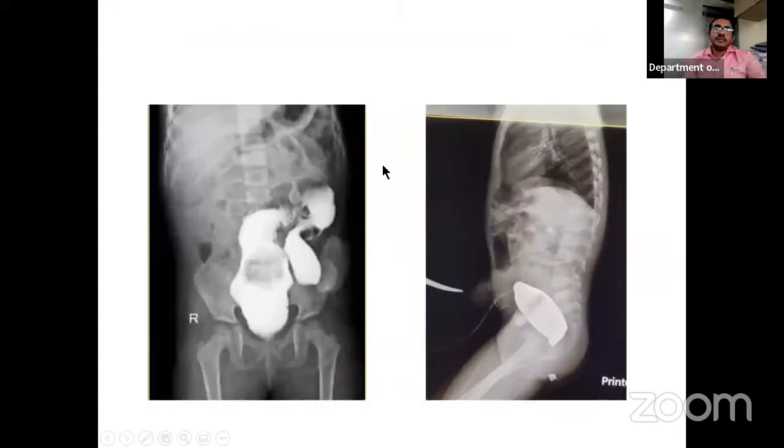So these are the pictures of distal colostogram. Usually we do colostogram for patients who have a colostomy, and usually male patients. But this is done for a female patient who presented at 6 years of age. She has a vestibular fistula, and the opening was inadequate to pass stool at this age.